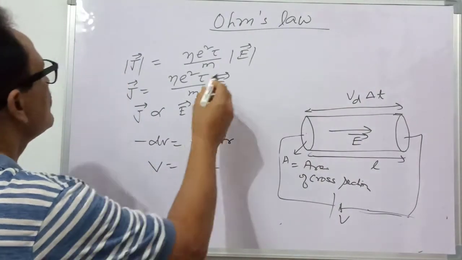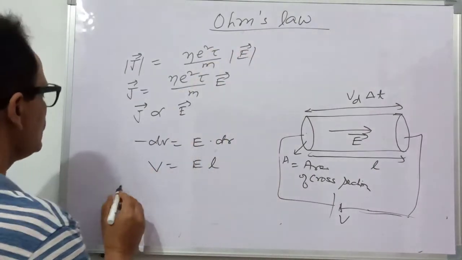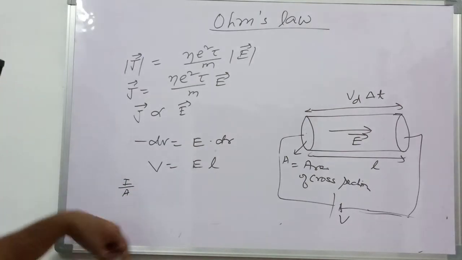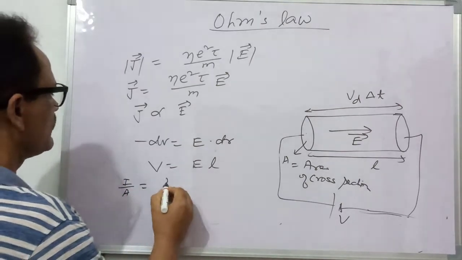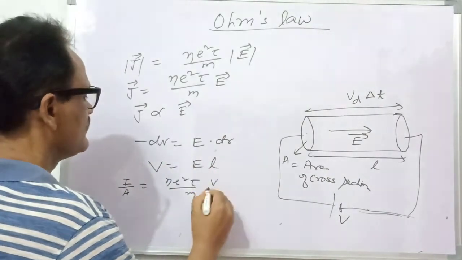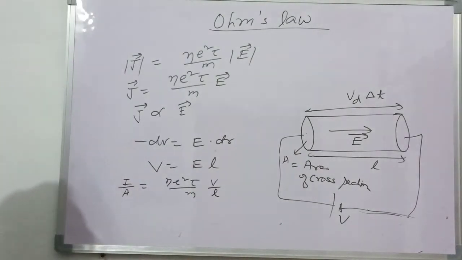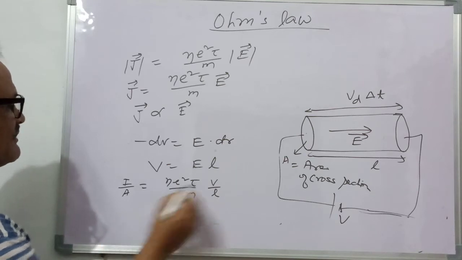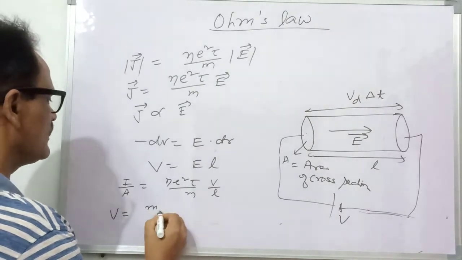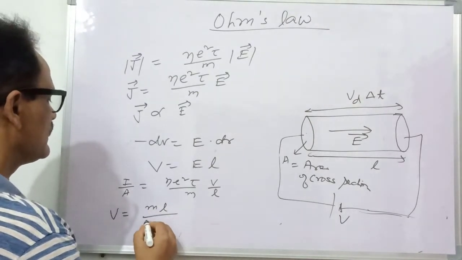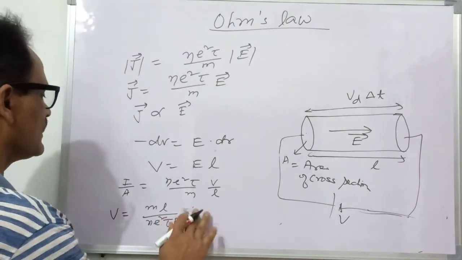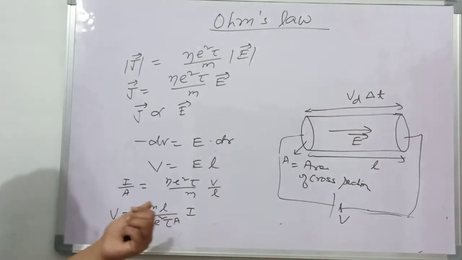And so here putting this value of E in this relation, and J is I by A, again we come back to I by A, and then this value is ne square tau by m, and this E is V by L, and thus we can say that V is equal to m L by n e square tau A into I. Take another look so that you are not confused.